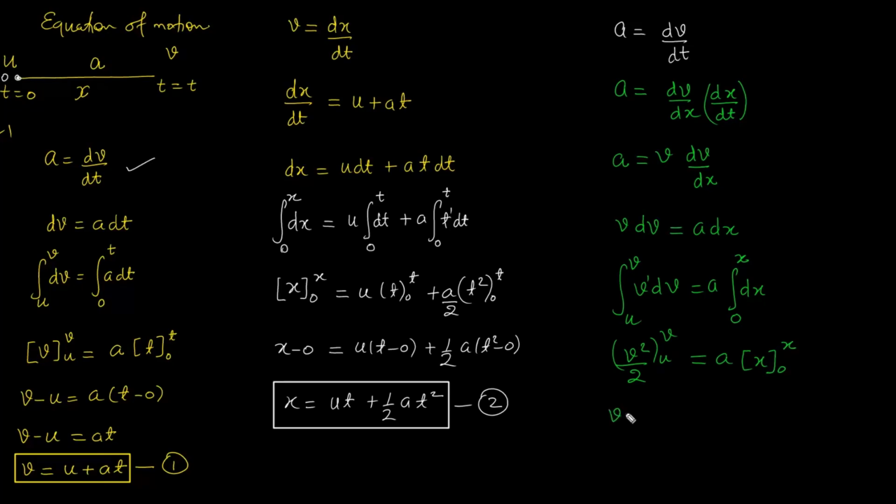So it will be v square minus u square upon 2 equals ax minus 0. So finally v square equals u square plus 2ax. This is the third equation of motion. Also, you will get the recording in Teams.